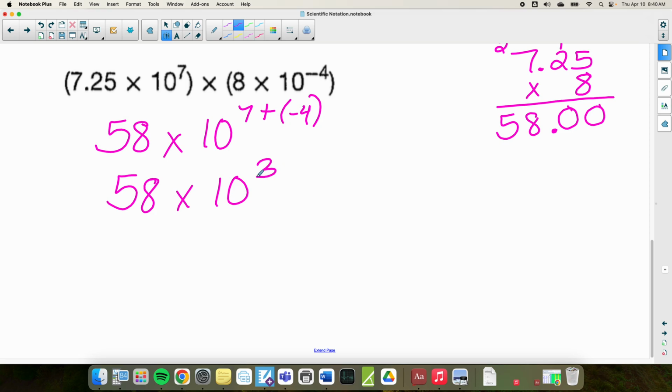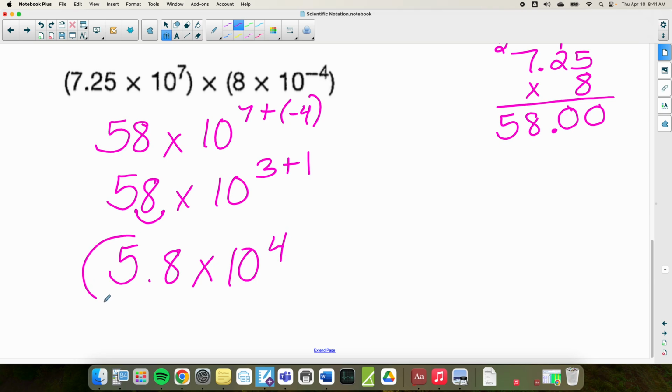Is that in scientific notation? No. Don't I have to take this and move it to the left? Think of Lars, when you're moving it to the left, do I add the 1 or subtract? I would add. Left is add, so it's 10 to the 4th.